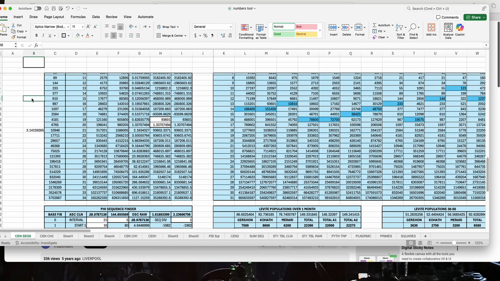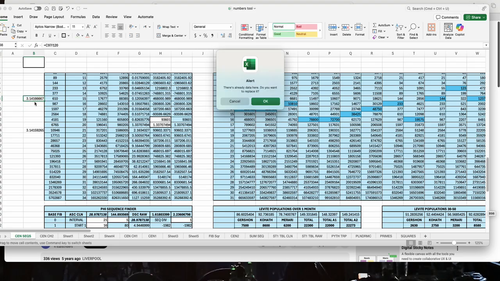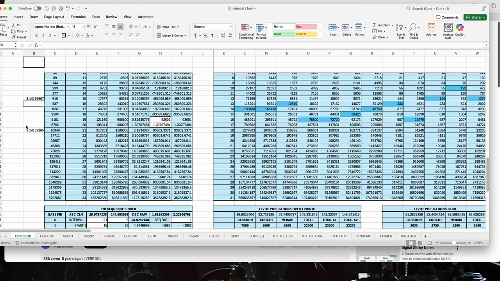So if we were to divide 377 by 120, we would get that phi number that he would find as well. But where was I going with this? Oh yeah, so 628. We find this pattern in the numbers right here.